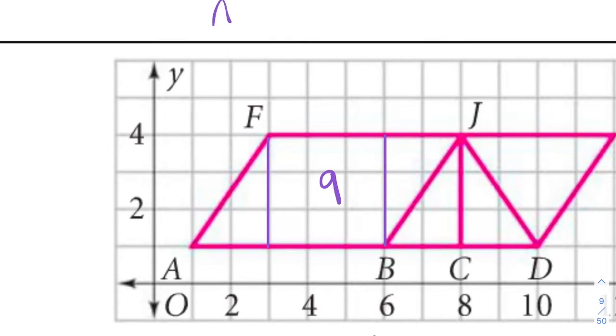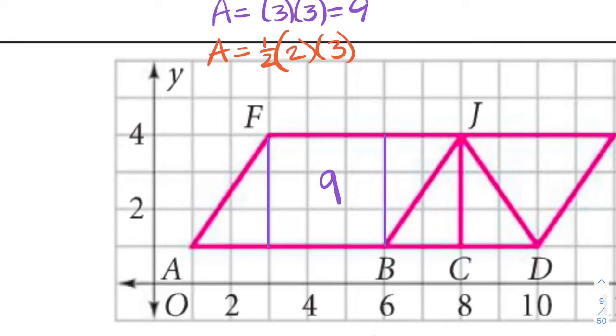So here we have area equals 3 times 3, which is 9. Then we have a smaller triangle. I'm going to say area equals 1/2 base times height. So it's 2 times 3, which is going to be equal to half of 2 is 1 times 3 is 3. So this one's 3, 3, 3, and 3.